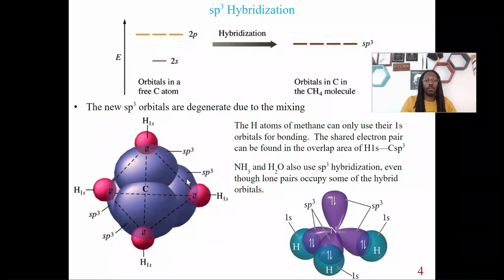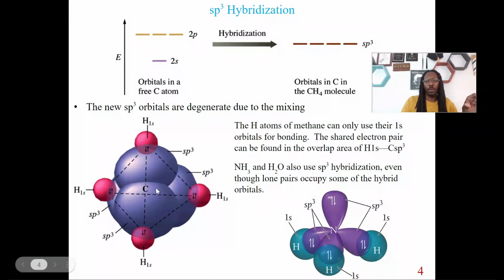So if we look at, for instance, once again, methane, those hydrogen atoms of methane can only use their 1s orbital. So when they use their 1s orbital, they're going to share those electrons and overlap with our sp3 orbital here. Basically, this is what's happening with this hybridization, everyone.